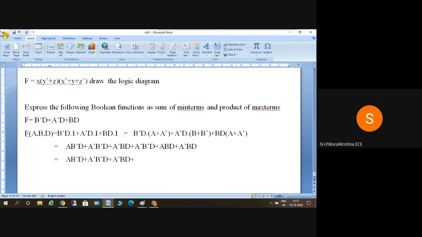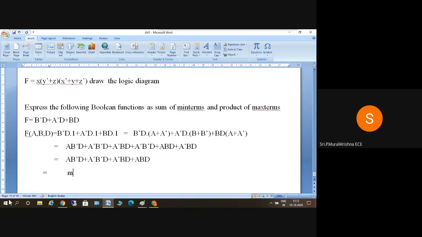And ABD, and A bar BD. So these are the terms here. These are the min terms. So what is the first one here? This is 111 and this is 101.